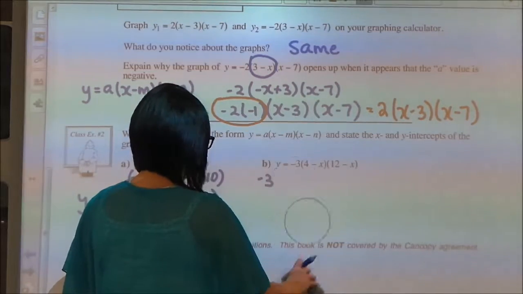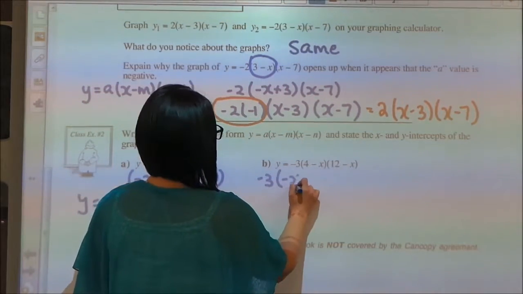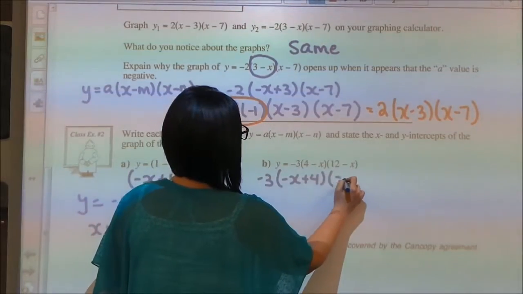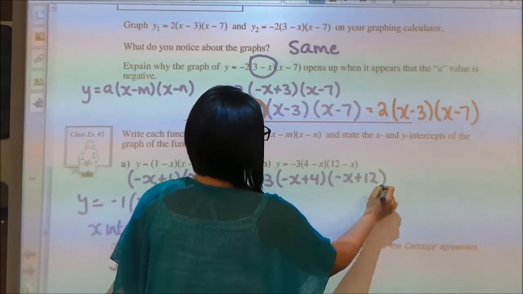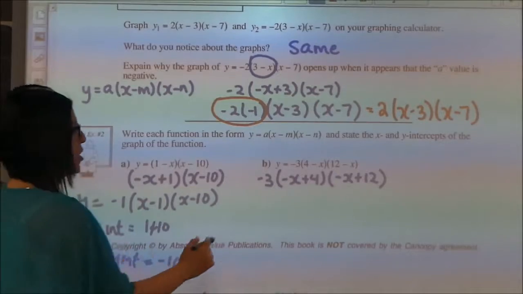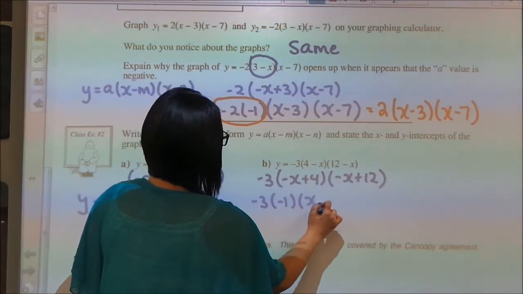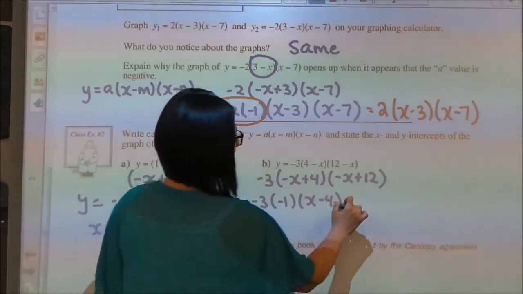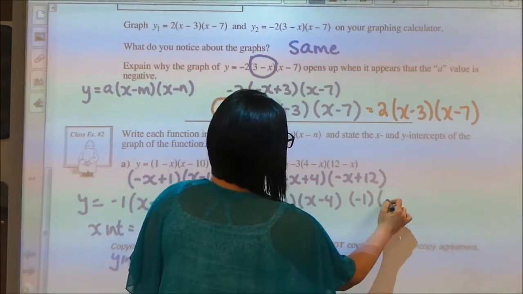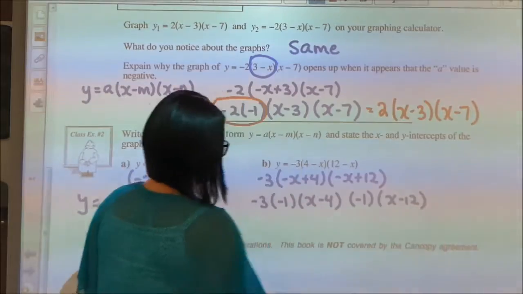So with this one, again, I'm going to rewrite it. Then I'm going to factor out my negative 1 to get x minus 4. And then I have to take out another negative 1 to get my x minus 12.